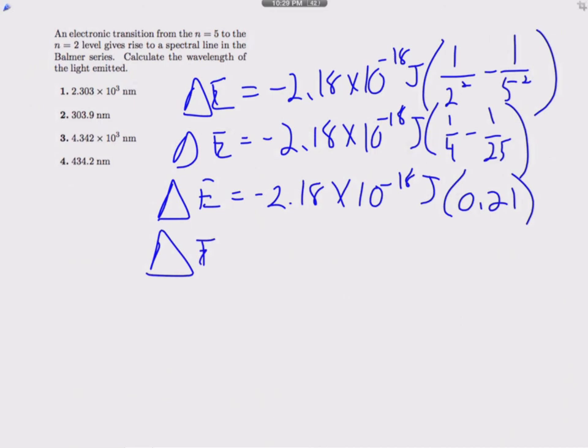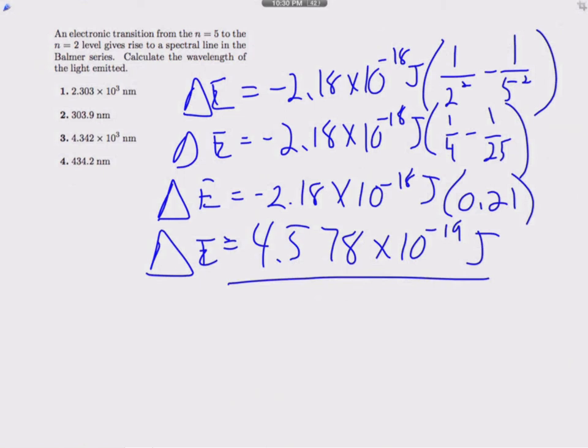which gives us for energy 4.578 times 10 to the negative 19th joules. Now to convert that to frequency, I'm going to divide by 6.626 times 10 to the negative 34th.